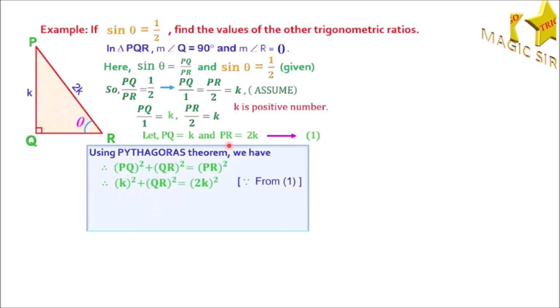So K square plus QR square is equal to 2K square. So we can write QR square is equal to 2K square minus K square.